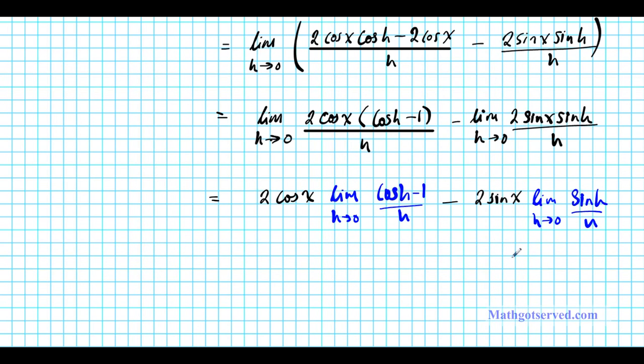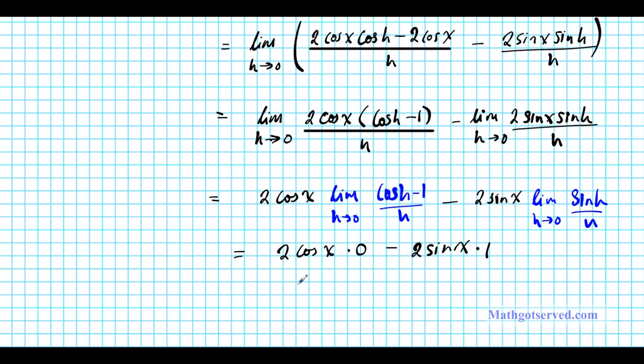If you want to review that, you can go to math.survey.com and get access to the rigorous derivation of the sandwich or squeeze theorem, and also how this can be derived based on the existence of this result right here, on this approaching 1. So this is now going to become 2 cosine x times 0, minus 2 sine x, and then this limit here is 1.